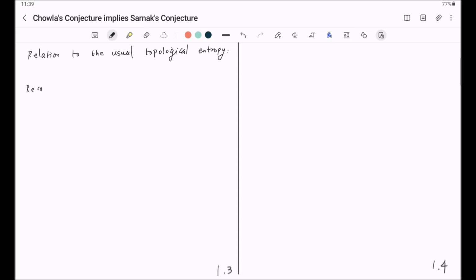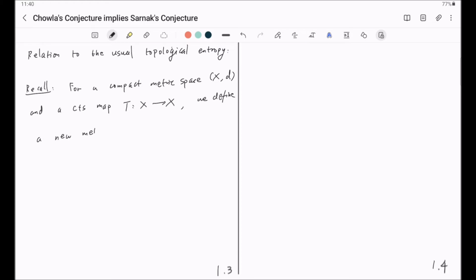Recall, for a compact metric space (X, d) and a continuous transformation T from X to X, we define a new metric D_n as follows.